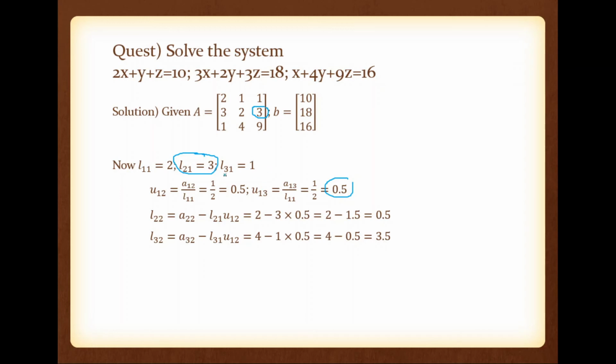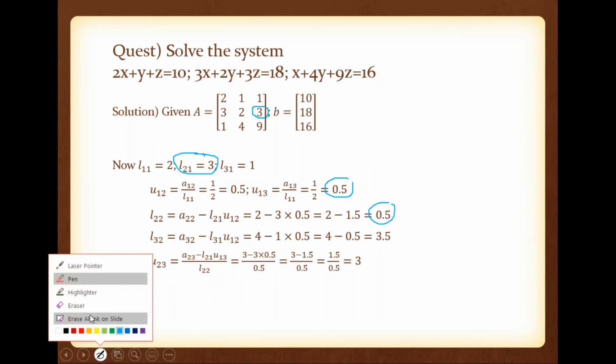So U23 is equal to A23 minus L21 into U13 divided by L22, that is 3 minus 3 into 0.5, divided by 0.5. So that is 3 minus 1.5 divided by 0.5, that is equal to 3. Okay.